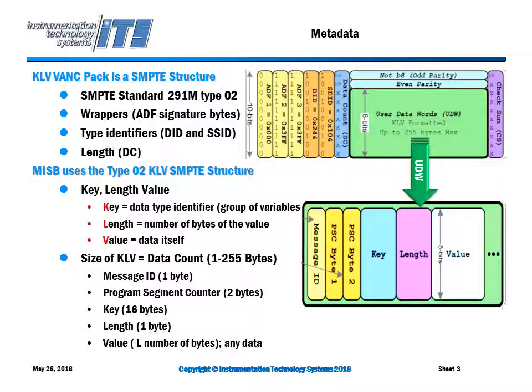The definition then is 16 bytes of key, 3 bytes associated with the message ID and the PSC, and 1 byte of length. So you have 20 bytes of the 255 that are available in the user data word consumed by the key length value structure. The balance of the bytes, the value, can be anywhere from 1 byte to 235.